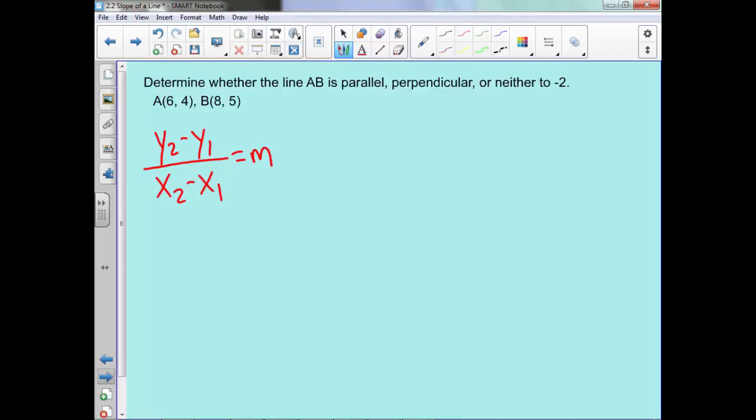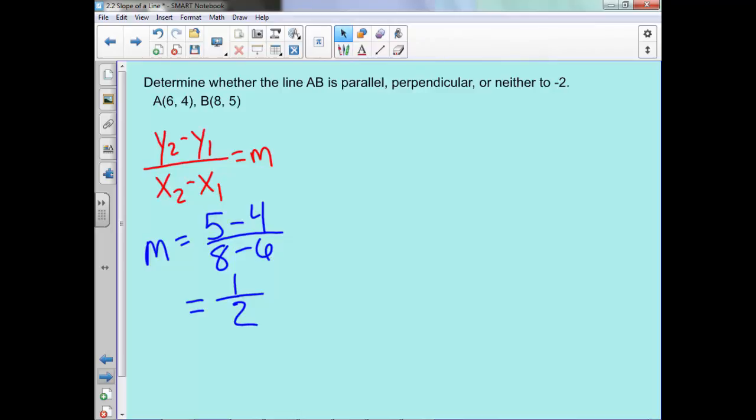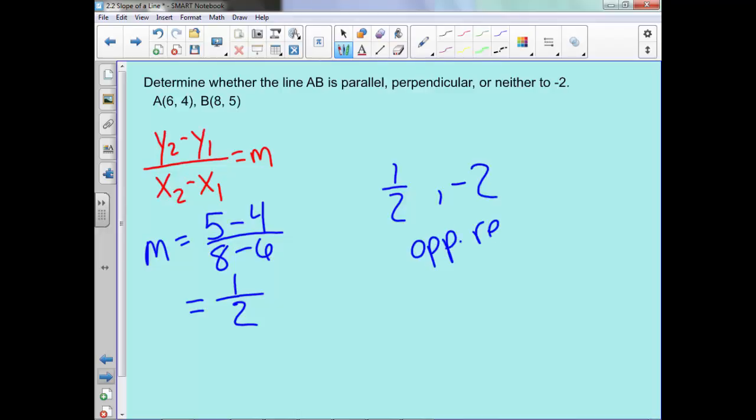So using these actual points, we'll have 5 minus 4 over 8 minus 6. 5 minus 4 is 1. 8 minus 6 is 2. We get a half. And then notice this half and negative 2 are opposite reciprocals, which means they are perpendicular.